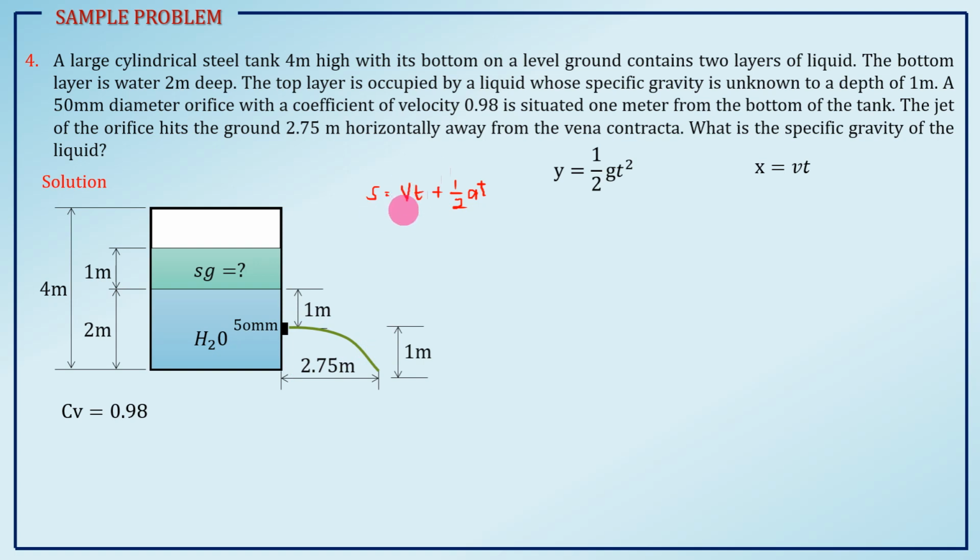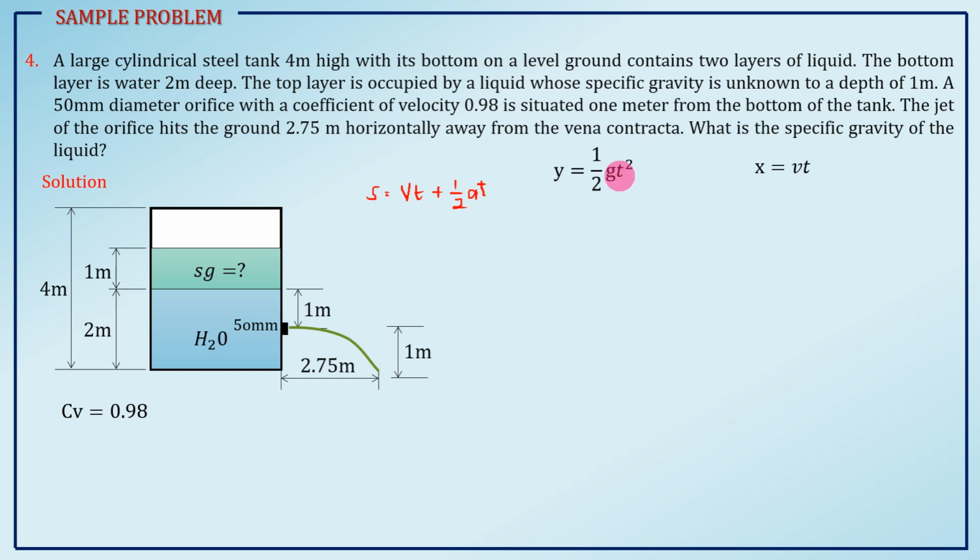So it cancels out. What remains is 1/2 AT squared, and the acceleration here is the gravitational acceleration. Our jet flows due to the acceleration of gravity. So, since y is given, what we can solve for is the time.